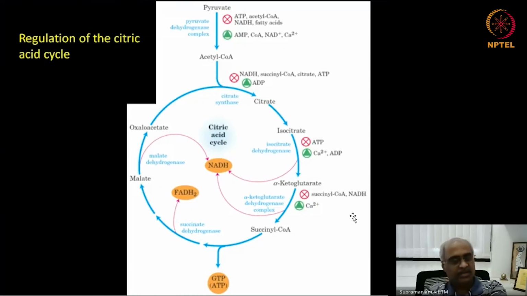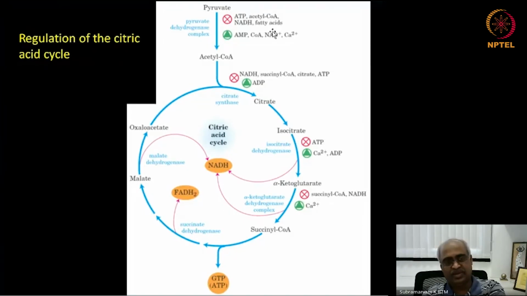And the last topic for today is regulation of citric acid cycle. It's quite simple concept. Essentially, what is happening is the important enzymes that proceed with large negative delta G are subject to regulation by the products of the pathway, not necessarily by the immediate product of that enzyme. So immediate product of pyruvate dehydrogenase will be like acetyl CoA is an immediate one, NADH is an immediate one, but ATP is not.